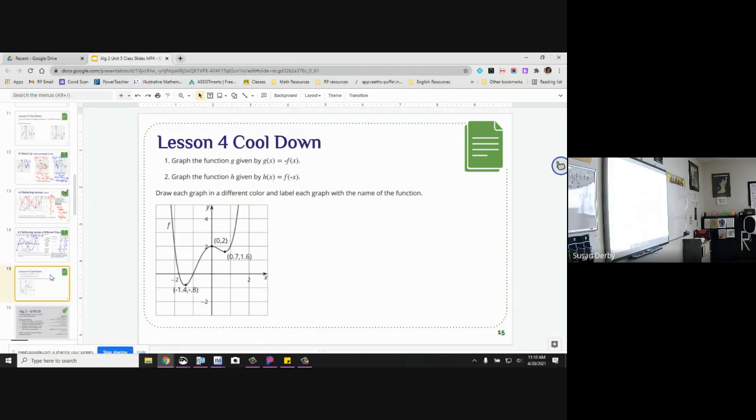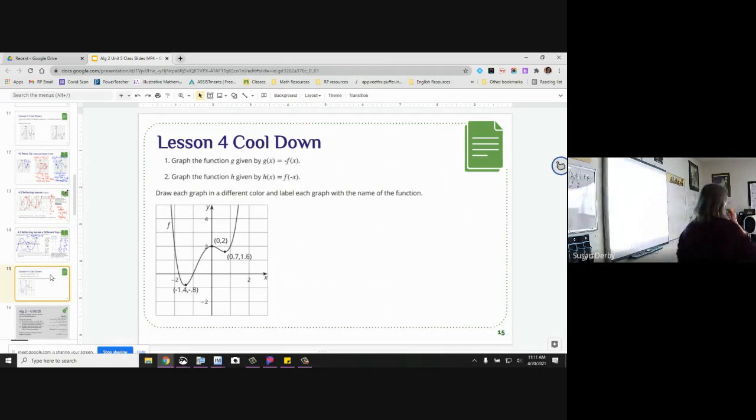So I'm going to put a stack of them just right here. If you're okay with that. I'll put some highlighters over here. Different colors might be helpful.